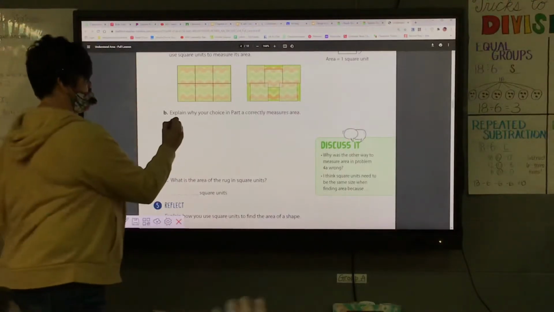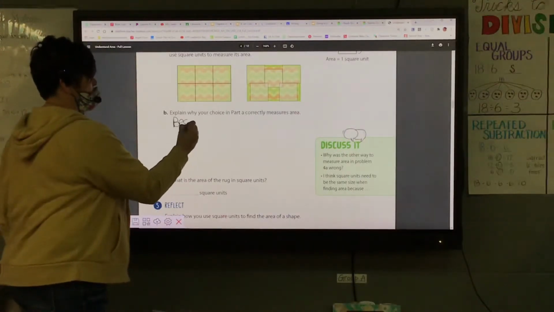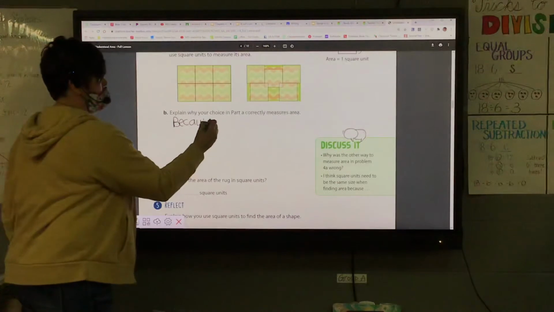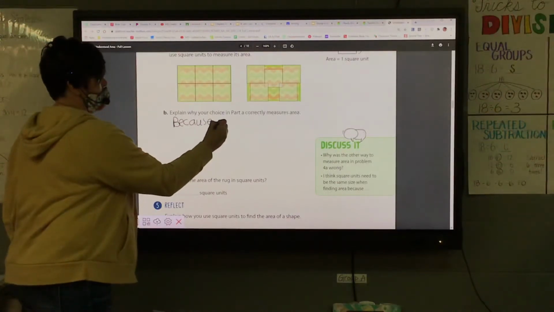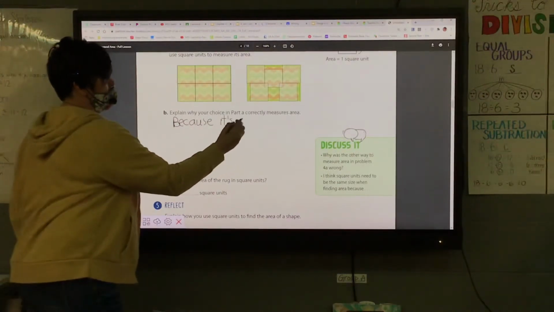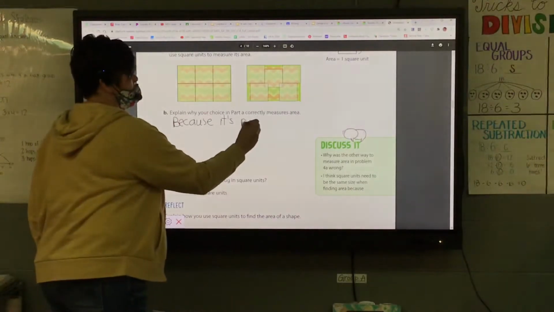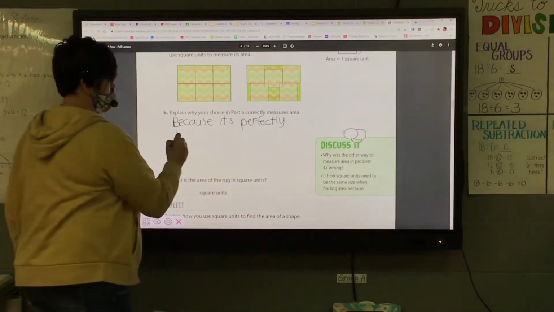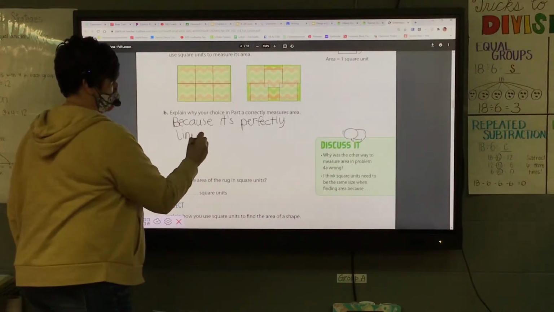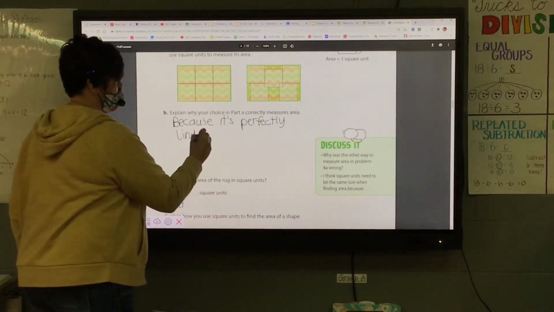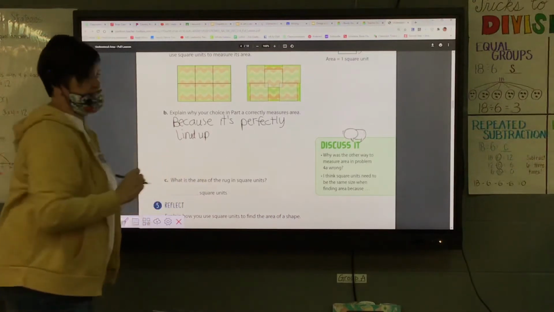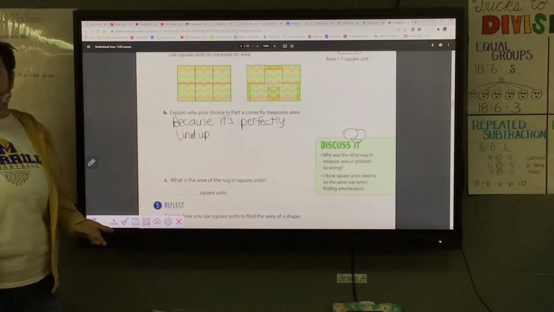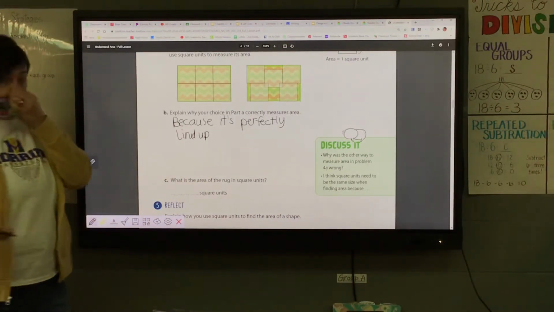Because what? Because they're perfectly lined up and not overlapping. So it's perfectly lined up? Yeah. Lined up and not overlapping? Is that what we agree on? Yeah.